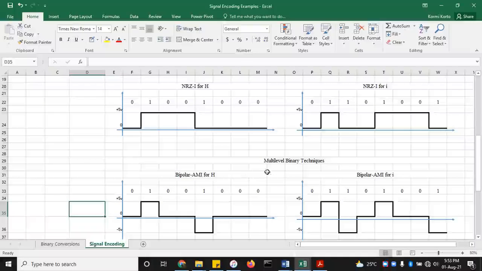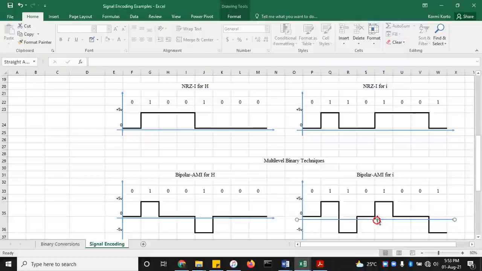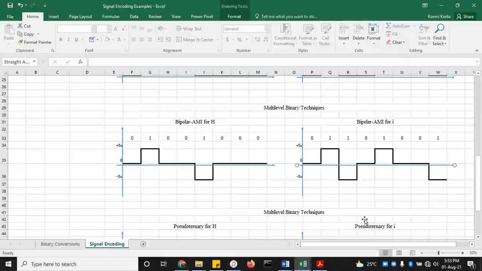If you're still wondering, I'm just following the rules of the various encoding techniques that we have. They all have rules that you need to comply with, that must be applied to the various bit sequences that you have. So keep that in mind.